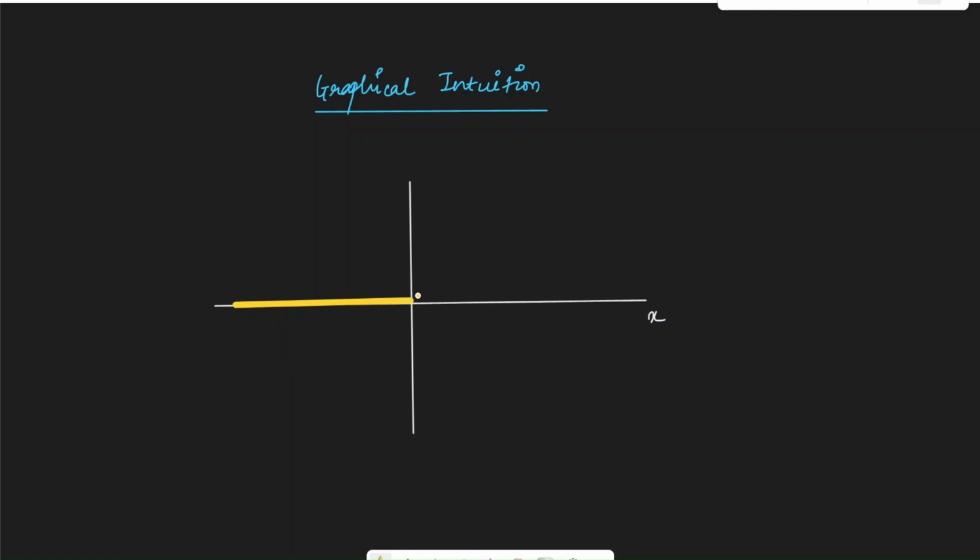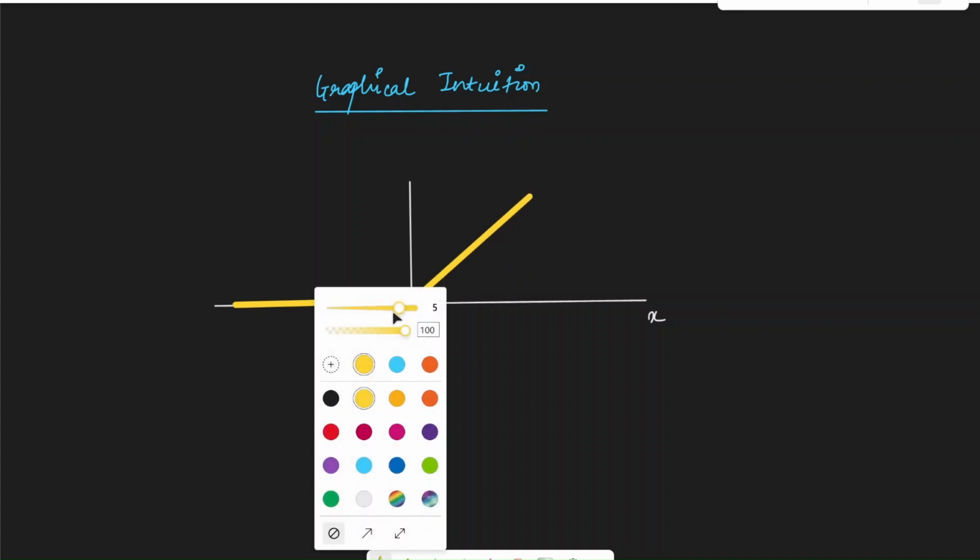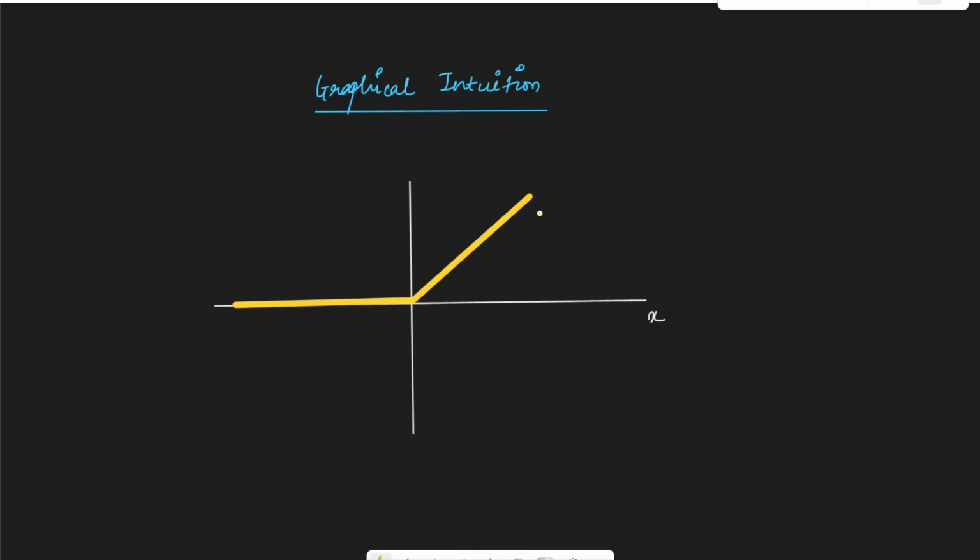And then when x is in the positive region, f of x is equal to x. So this yellow graph is f of x, which is our ReLU function, which is equal to x when x is greater than 0, and when x is less than or equal to 0, then we have 0, and that's how we have depicted it.